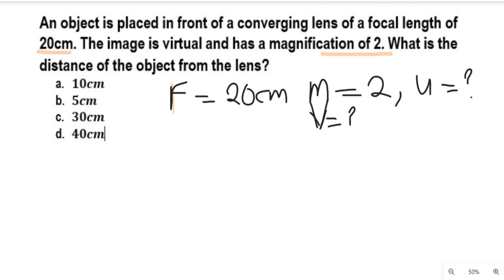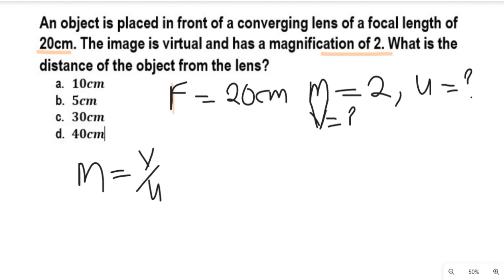Well, when it comes to lenses, we should remember 2 formulas. The first formula is our magnification, which is equal to v divided by u. And that can be image height divided by object height, or the distance of image from the lens over the distance of the object from the lens.